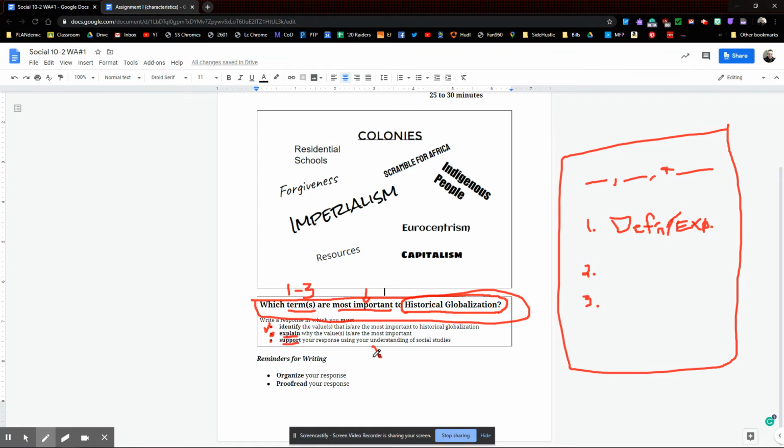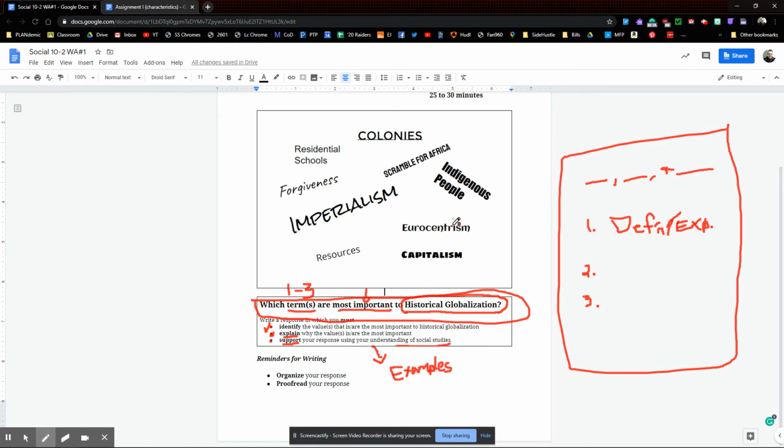Okay, so supporting is basically giving you different examples or different case studies or things that we've talked about in social studies that will help reinforce that understanding. So show us that you know what we're talking about.